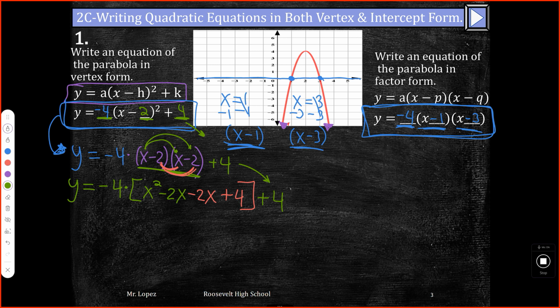What I'm going to do now is simplify here some. Actually, -2x and -2x are like terms. We can simplify that out. So this is going to become y equals -4 times (x squared minus 4x plus 4), plus 4.